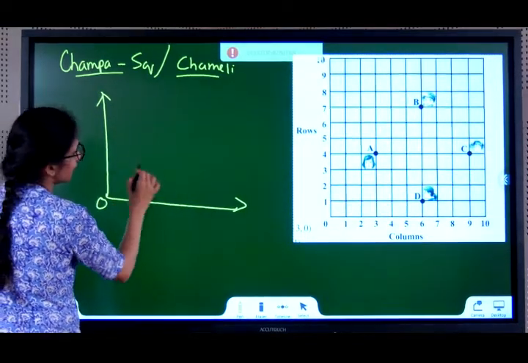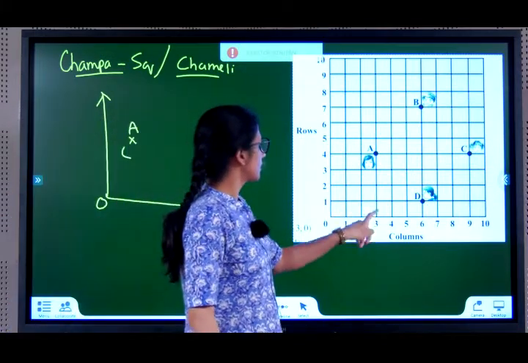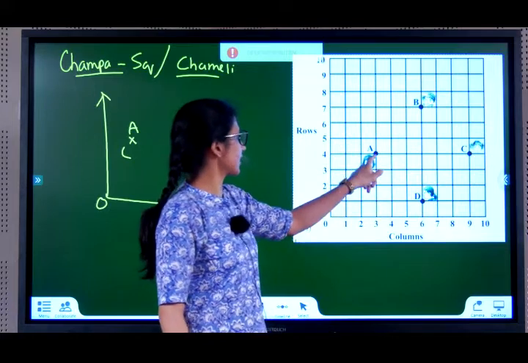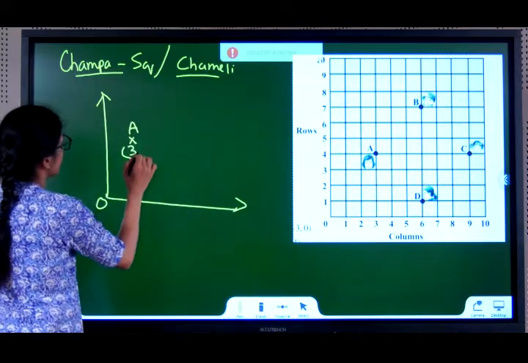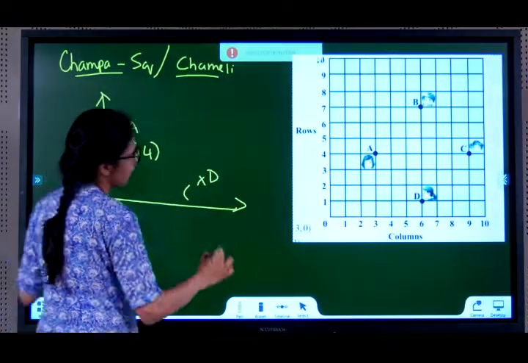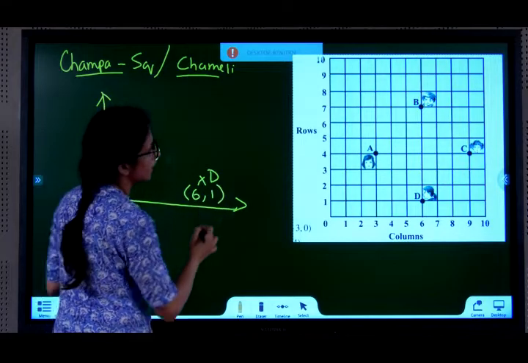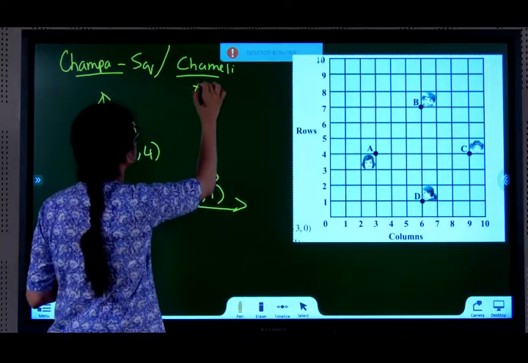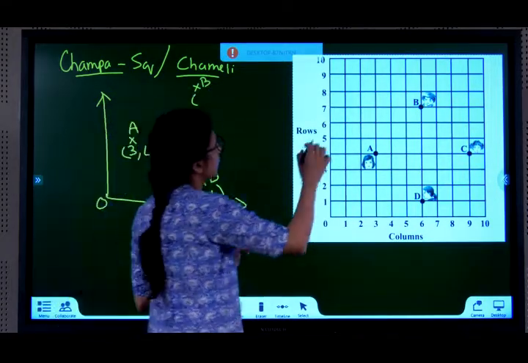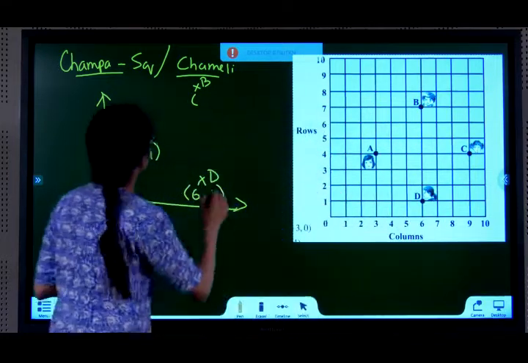So first here we have A. What will be the coordinates of A? See the x-axis 3, see the y-axis 4. So 3, 4. See D, 6, 1. See B, 6, 7.